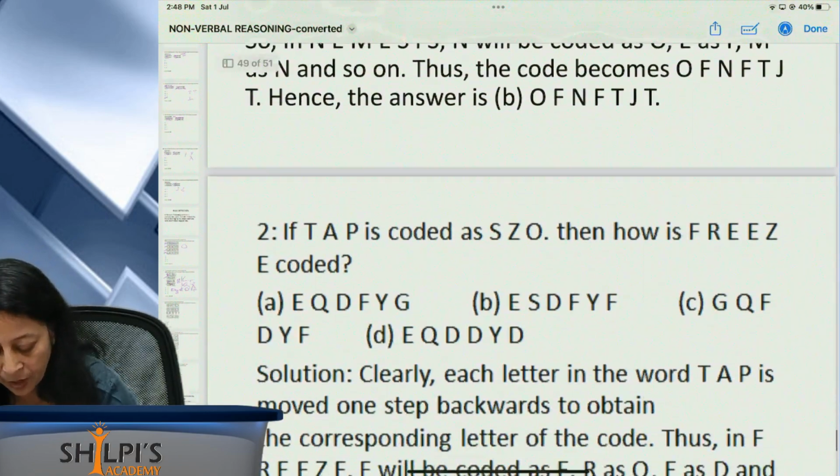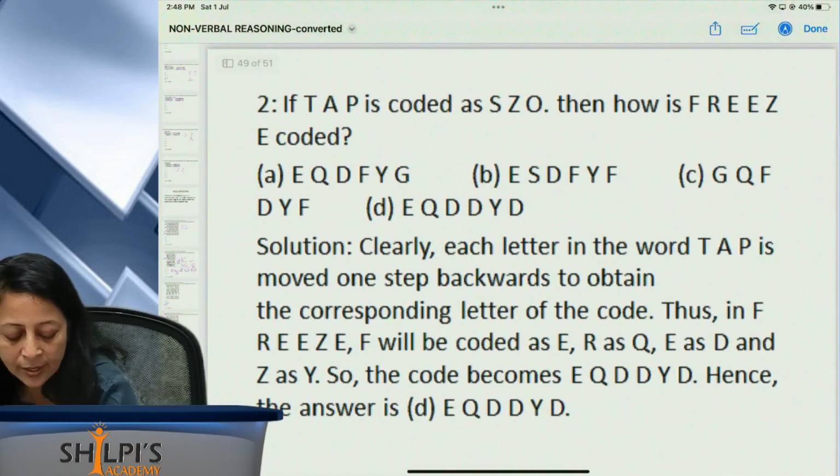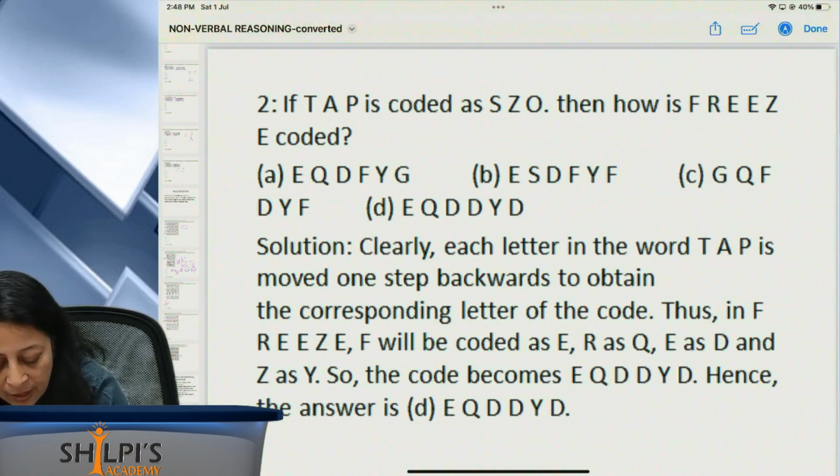Next one, if tap is coded as S, Z, O, this means one step backward.